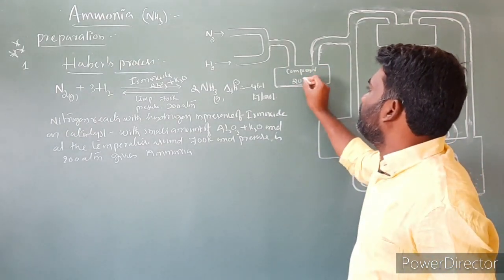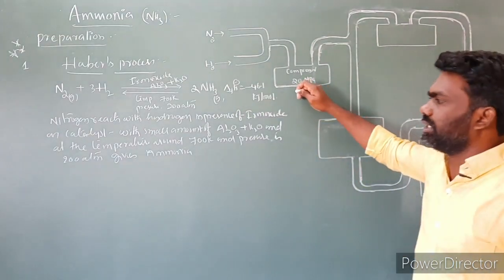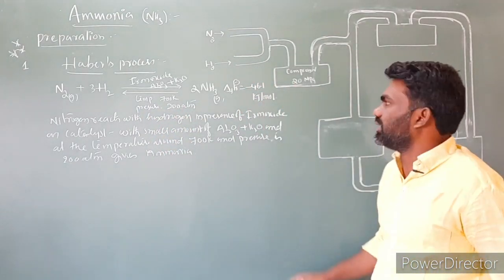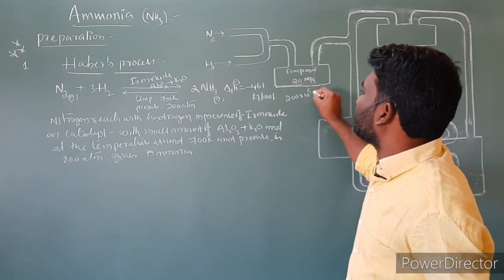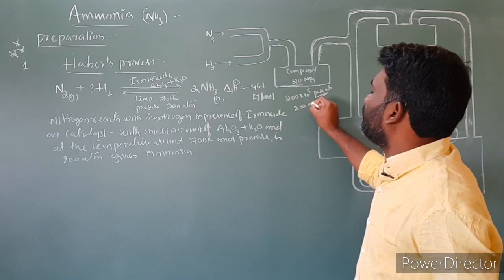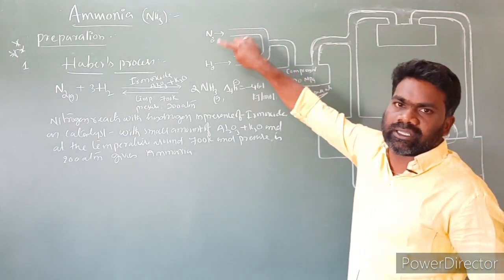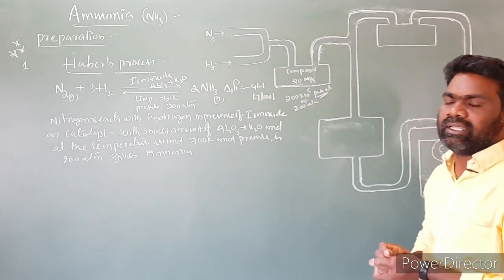Its pressure is around 20 MPa, so simply around 200 atmospheres, or 200 into 10 power 5 pascals. First the nitrogen and hydrogen gas are passed into a compressor at a pressure of around 200 atmospheres.